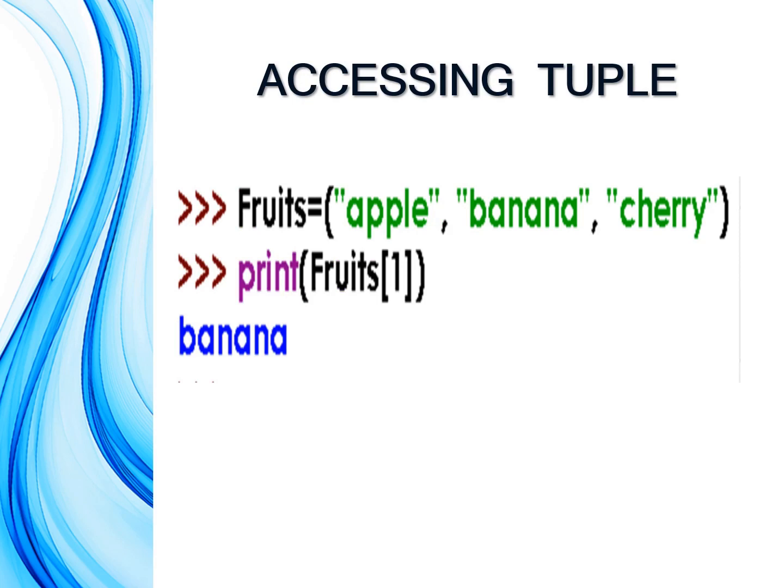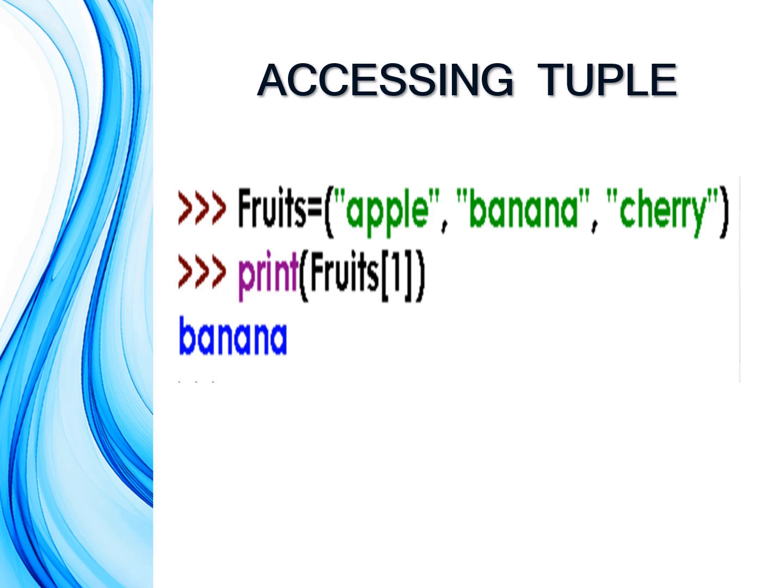Next, we are going to access the elements that are present inside the tuple. Here, fruits equal to, we have listed items inside the tuple, that is apple, banana, cherry. We have 3 items inside the tuple. Fruits is the tuple name given to the tuple. And when we print fruits of 1, that is the element present at index 1, we are going to print it.